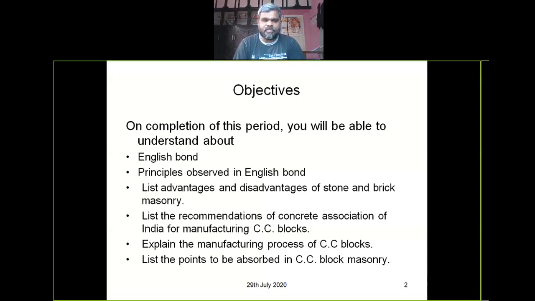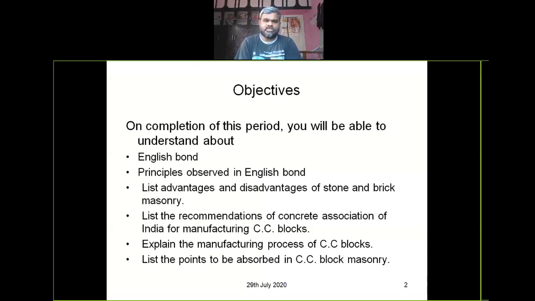That is nothing but a comparison between brick and stone masonry, and recommendations of the Concrete Association of India for manufacturing of CC blocks, and explain the manufacturing of CC blocks. Even fly ash bricks we will see. List the points to be observed in CC blocks.